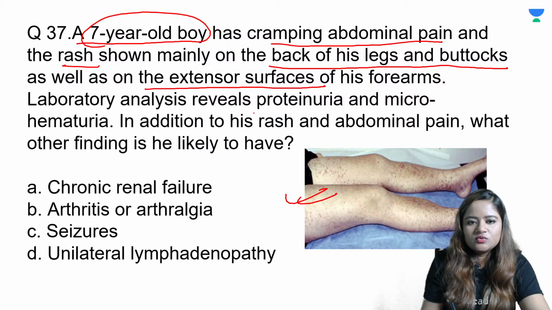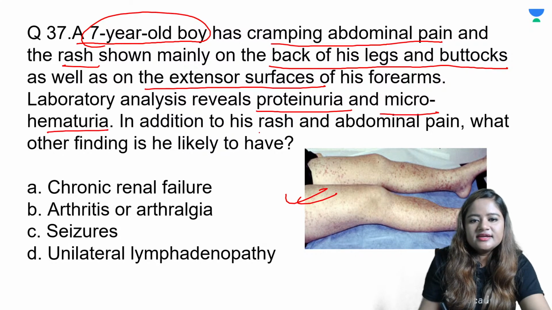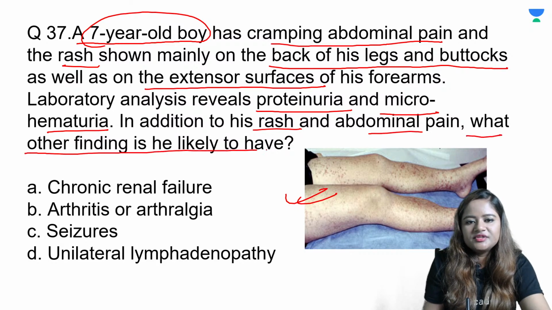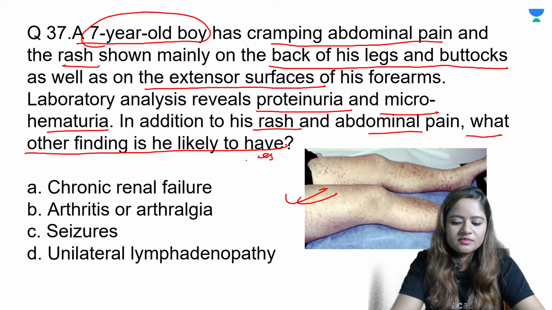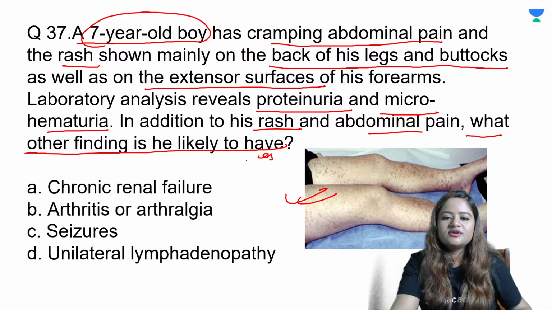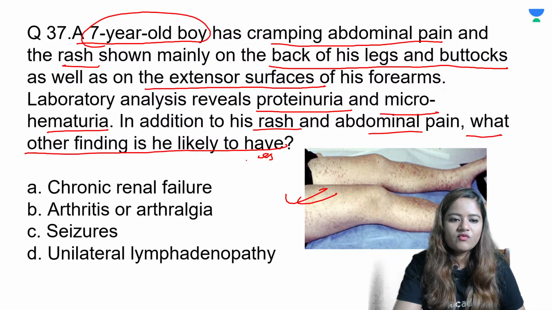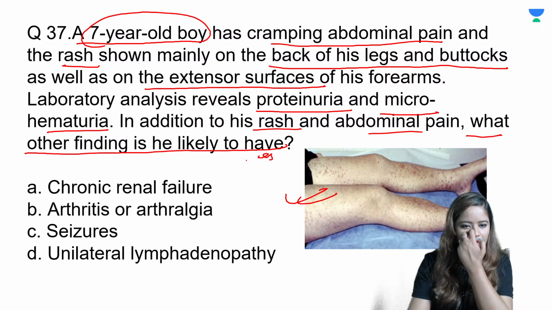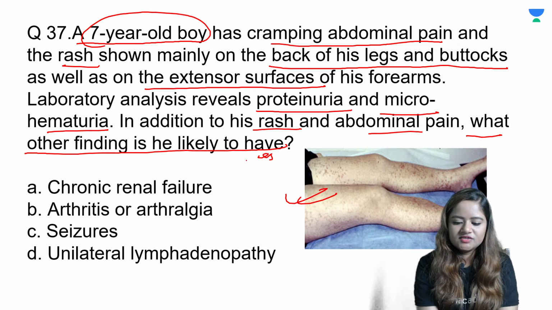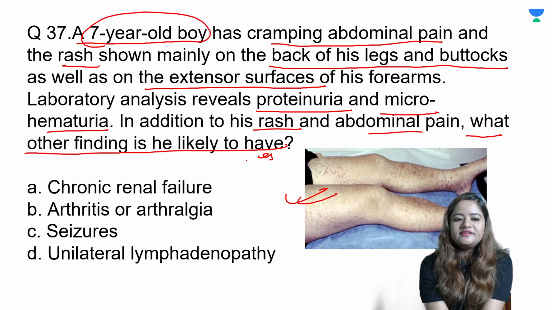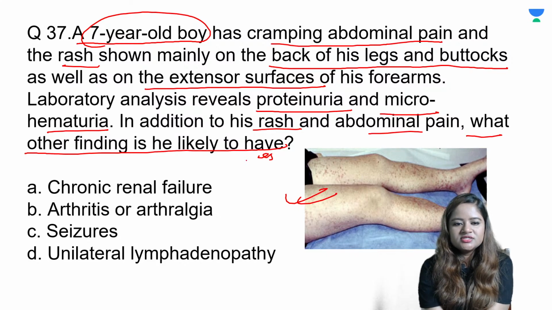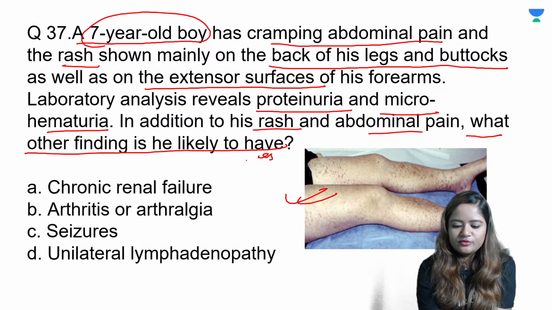Laboratory analysis shows that he has got proteinuria and microhematuria. In addition to this rash and abdominal pain, which other clinical finding do you think would be classically associated with this condition? So what is the condition we are talking about? And one more clinical finding that is very commonly seen in this clinical condition would be chronic renal failure, arthritis, seizures, or unilateral lymphadenopathy.